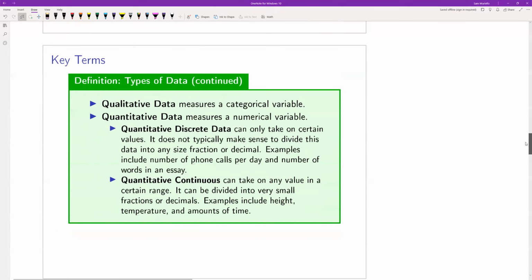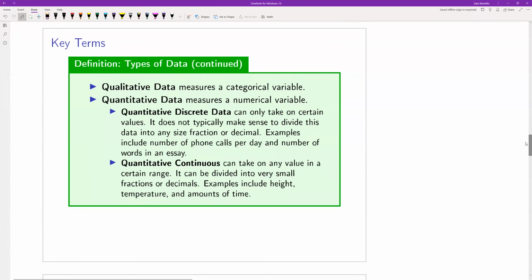Now we can further break up data like we broke up variables into different categories. We've got here qualitative and quantitative data. Qualitative, and you can think here quality, describes some characteristic of the thing, not a number, but a category.